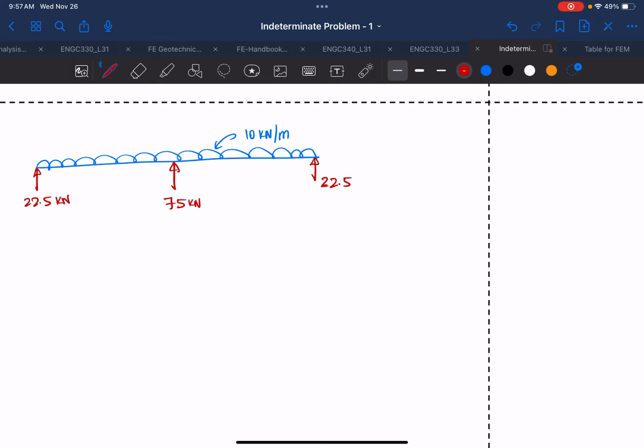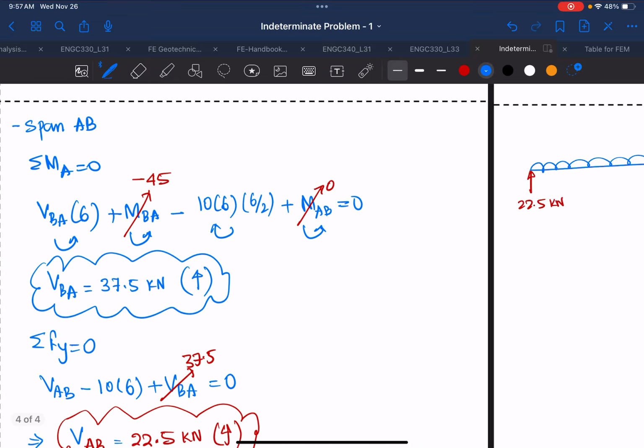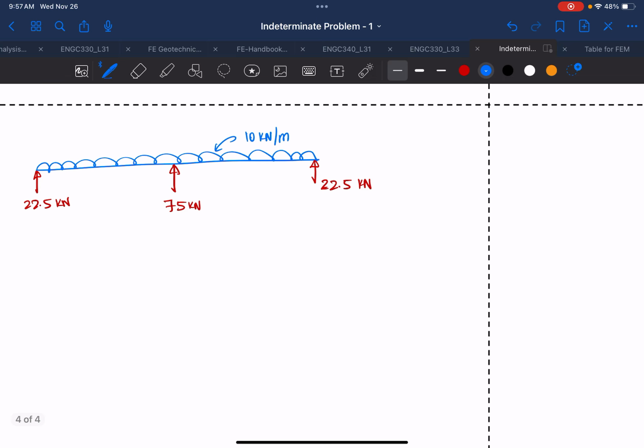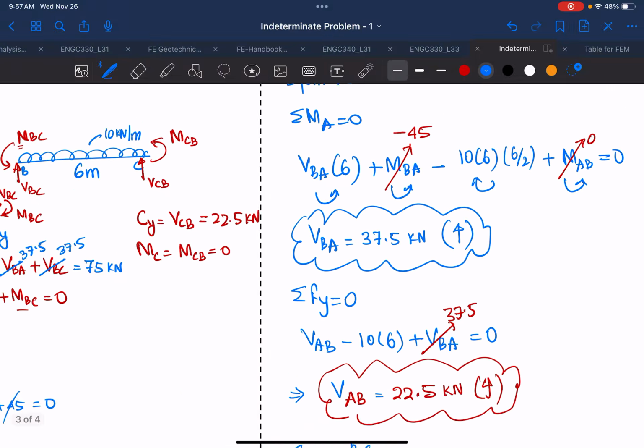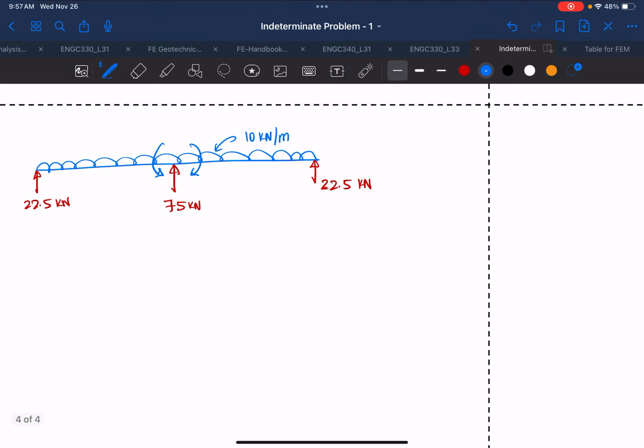Then we have the moment MAB. MAB is minus 45, so it has to be clockwise.